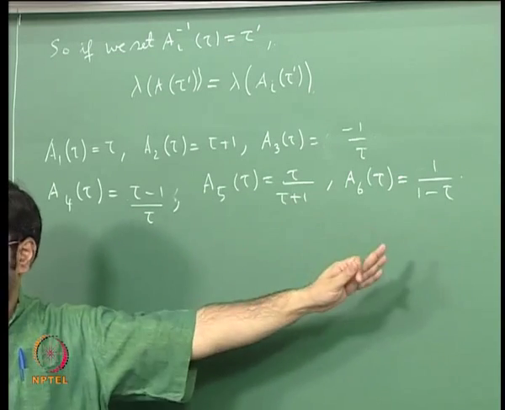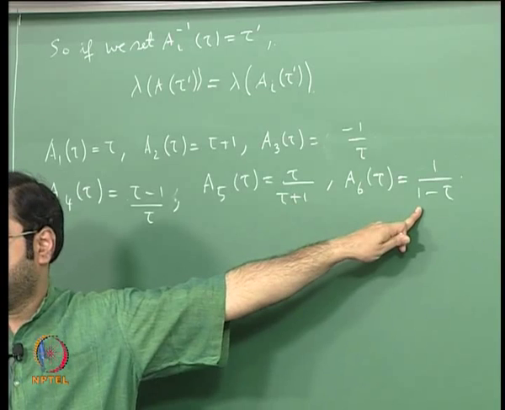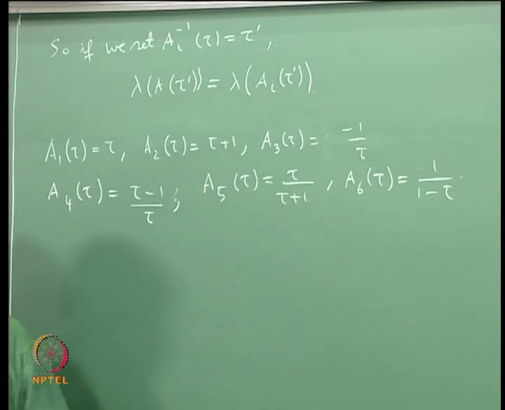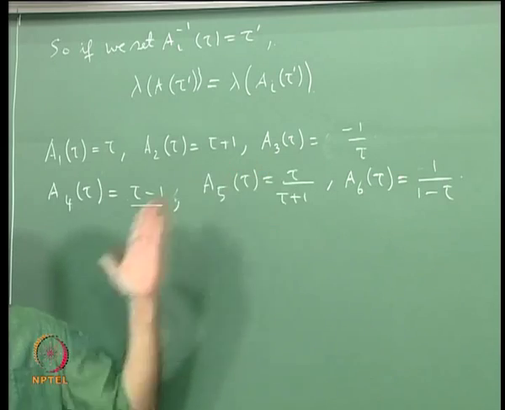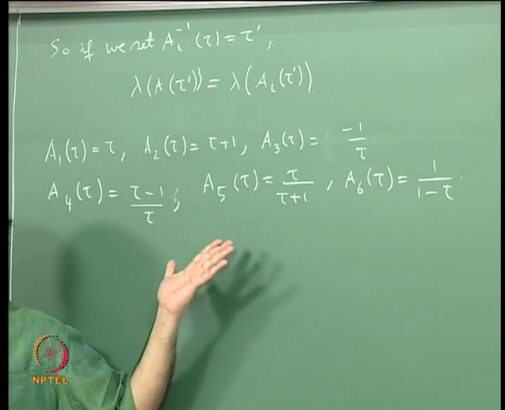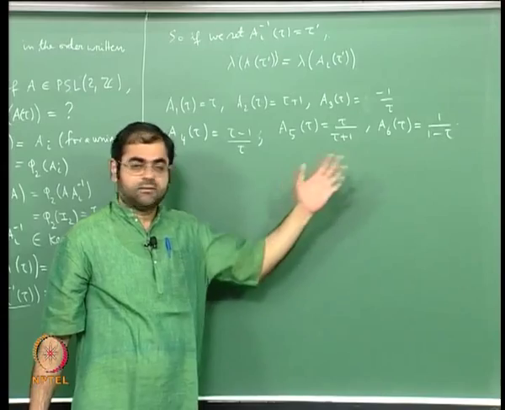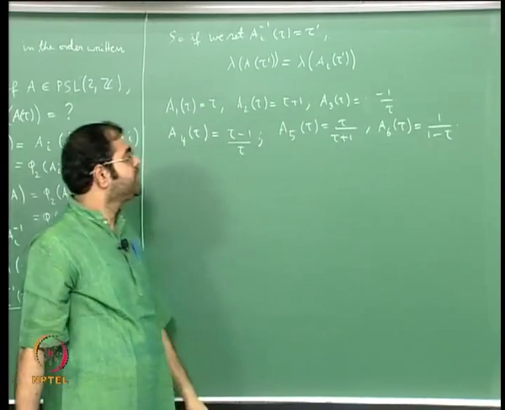You can justify that these all continue to be in the upper half plane, which is just the fact that these are all automorphisms of the upper half plane, so the images of tau have to be in the upper half plane.